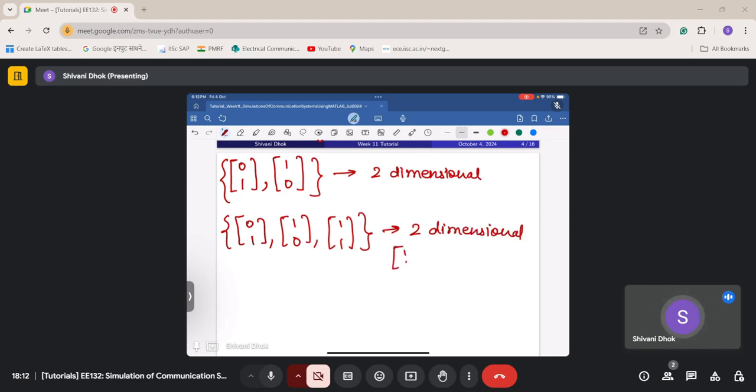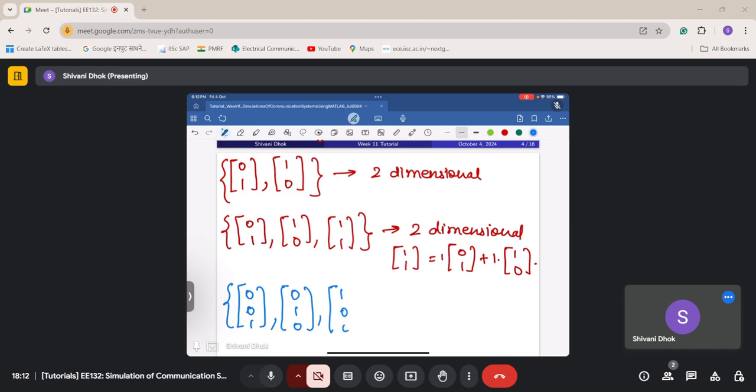Because I can write 1, 1 as 1 times 0, 1 plus 1 times 1, 0. Then another example of a three-dimensional signal is this. Here the dimension is 3.